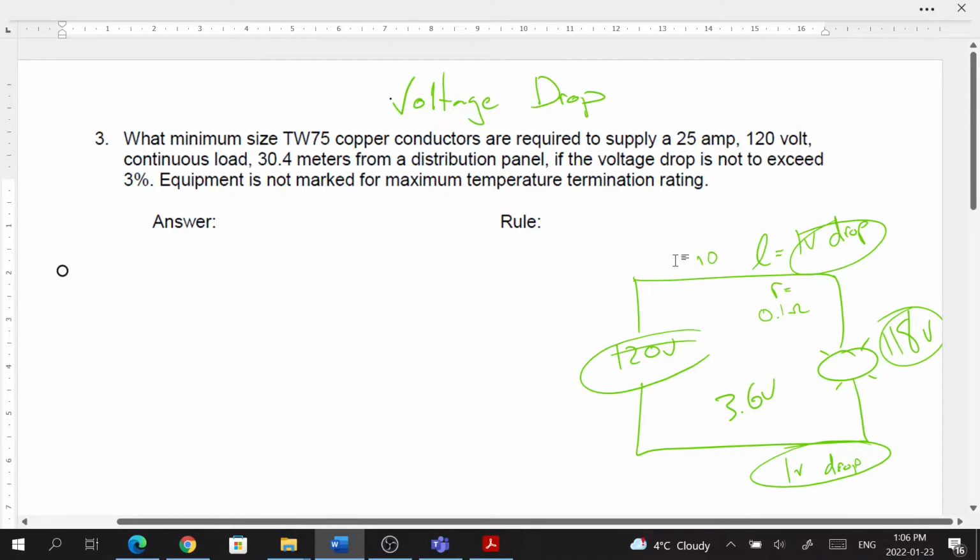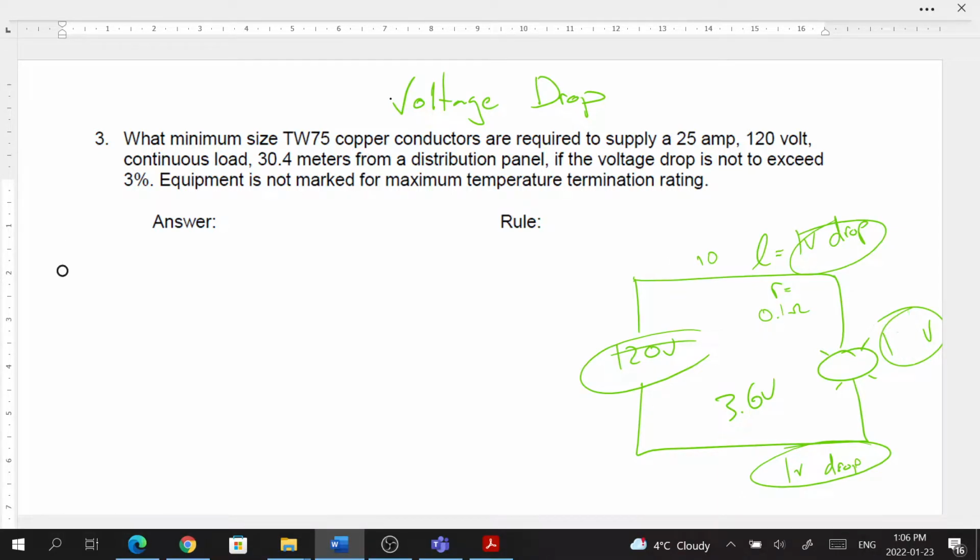Otherwise, we would exceed that 3% drop that we're allowed. So 120 minus 3.6 would be 116.4. So we would have to have at least 116.4 volts on this light for it to be up to code.